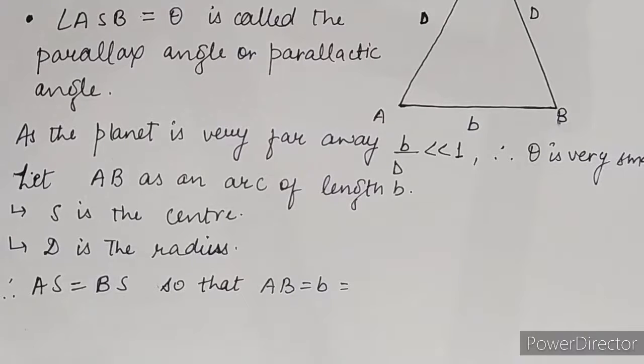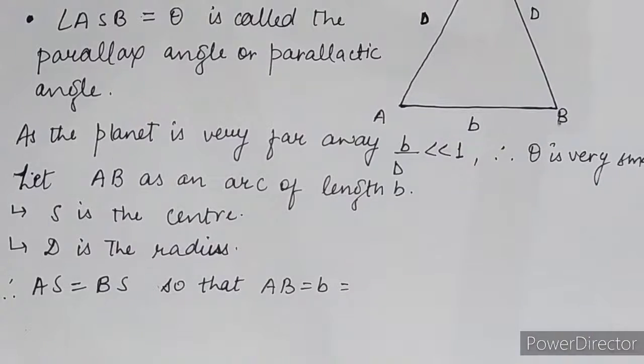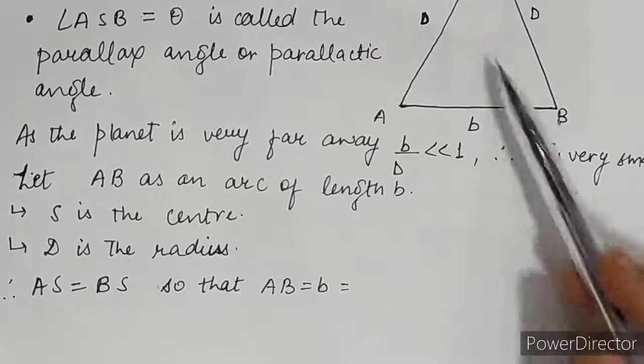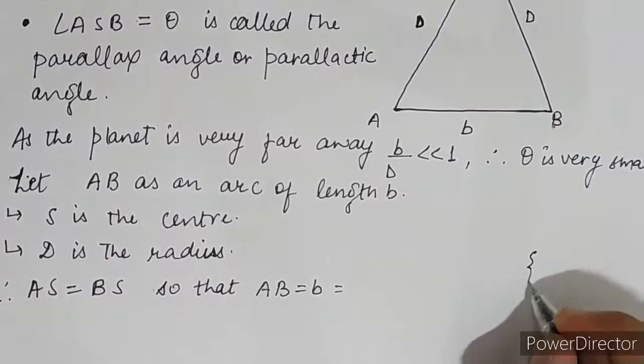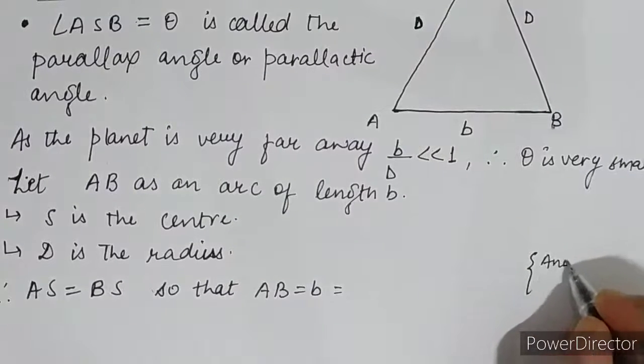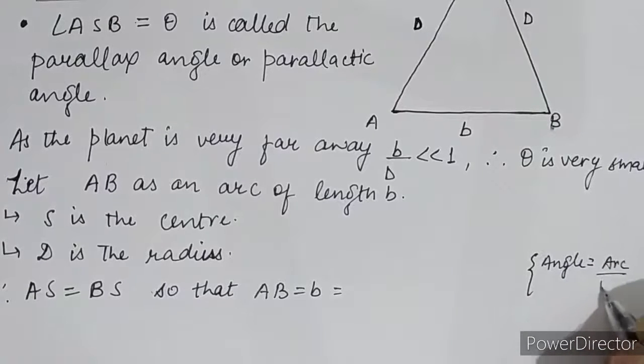Do you remember the formula? Angle is equal to arc upon radius, and arc is equal to angle into radius. Okay, this is the formula. Here I am writing it out, beta: angle equals arc upon radius.